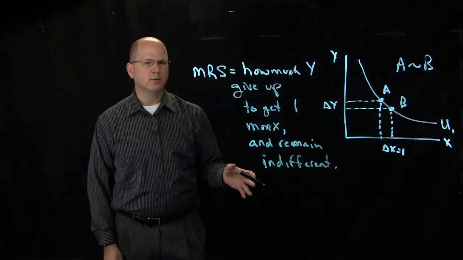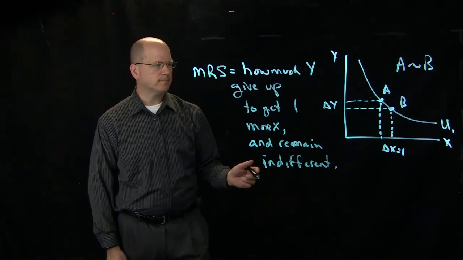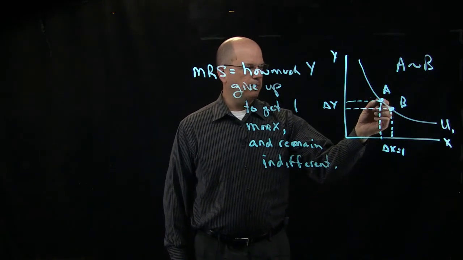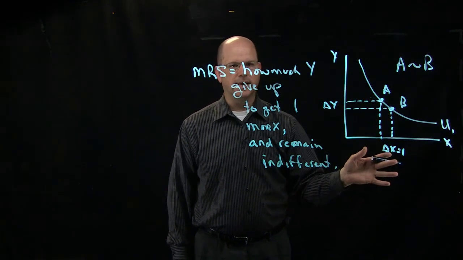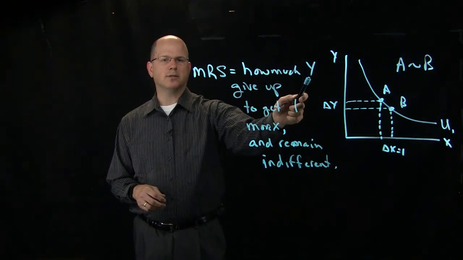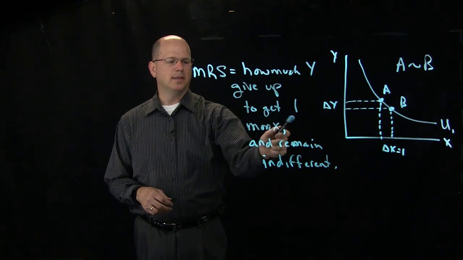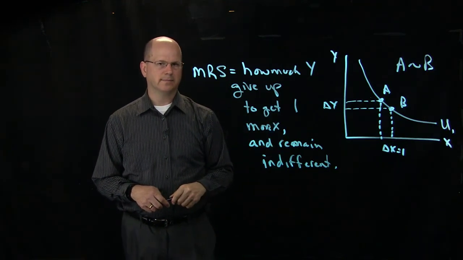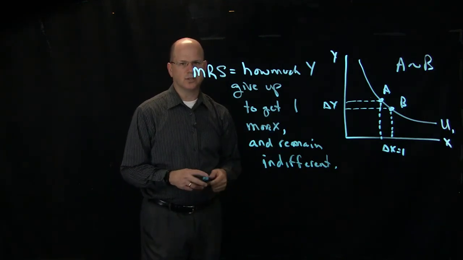Okay? The consumer is on the same indifference curve. It's here at point A and point B. So they're equally satisfied. So the marginal rate of substitution tells us how much Y they're willing to give up to get one more unit of good X. That is the consumer's terms of trade.